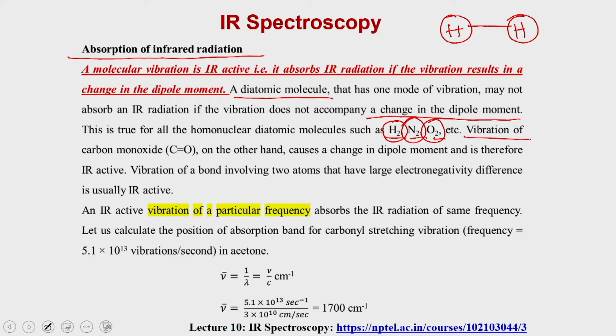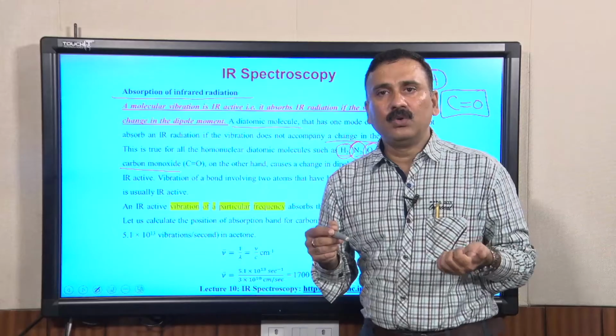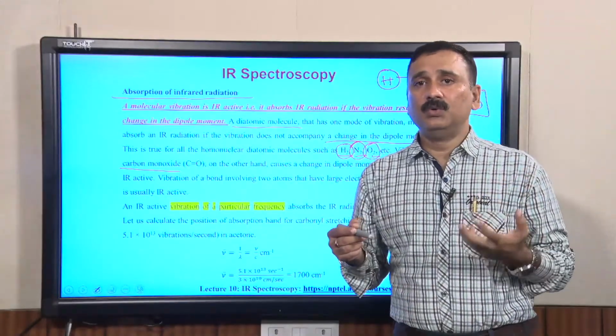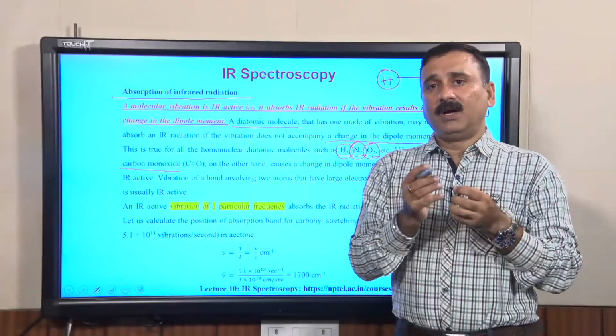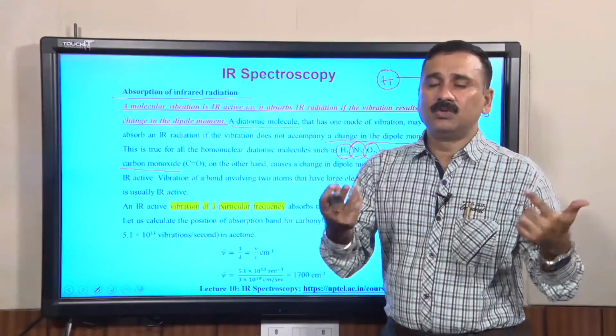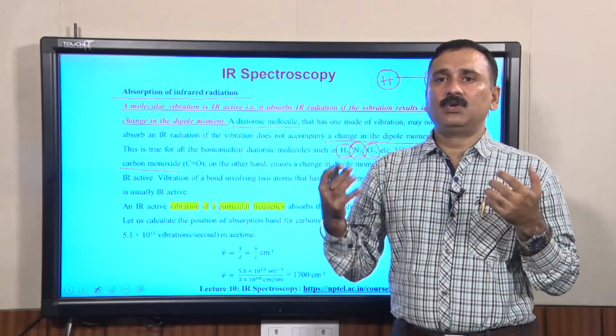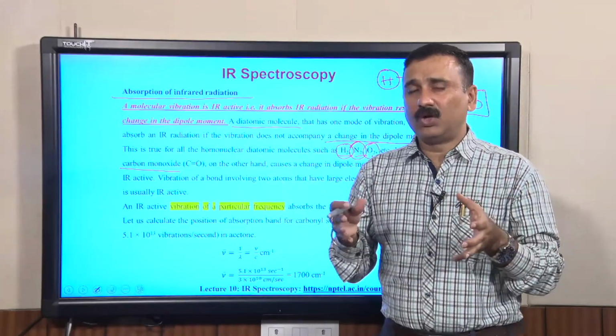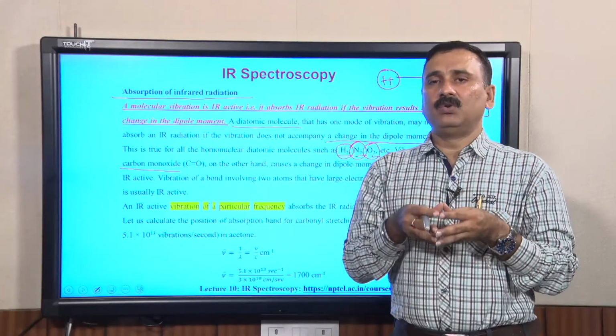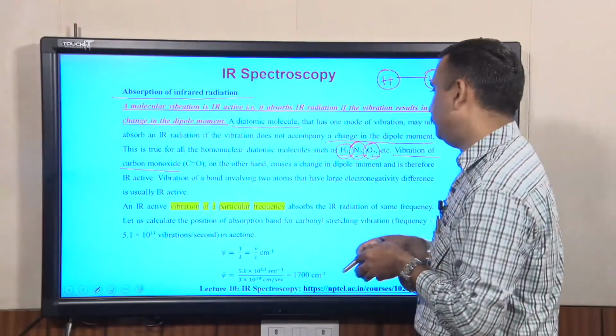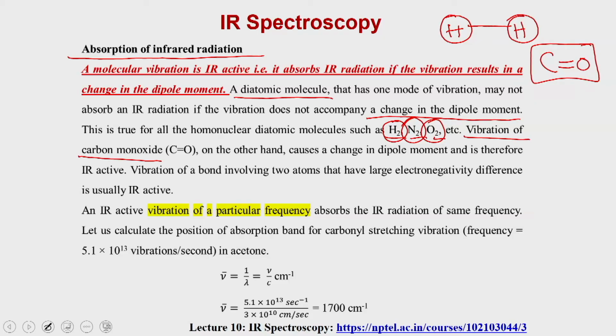Compared to that, carbon monoxide, C double bond O, is a diatomic molecule, but it is going to show molecular vibrations, because C and O vibrate at different frequencies and generate a dipole moment within the molecule, and because of that this molecule is going to absorb IR radiation. So in carbon monoxide there is a change in dipole moment, and that is why it is IR active.